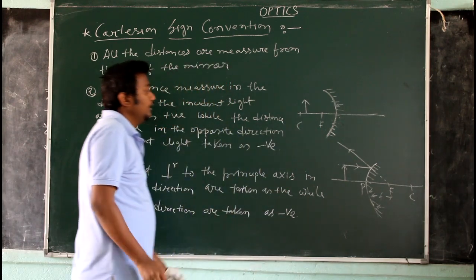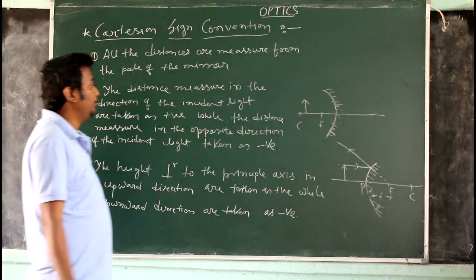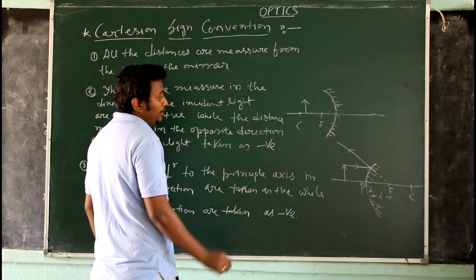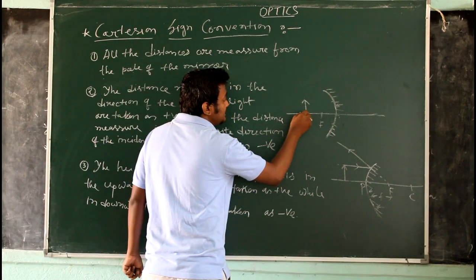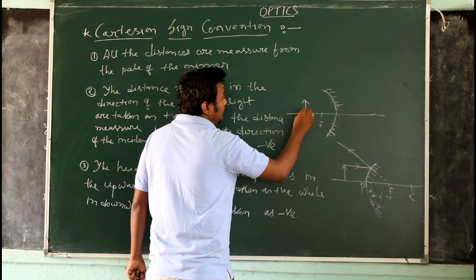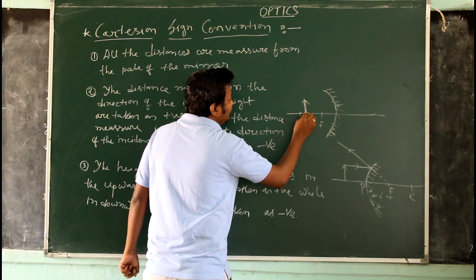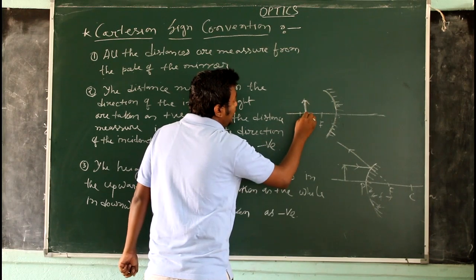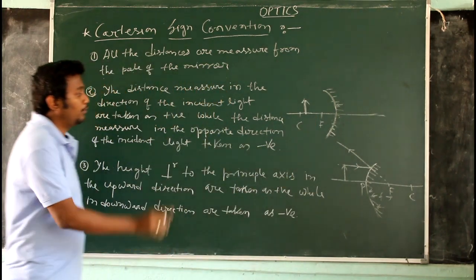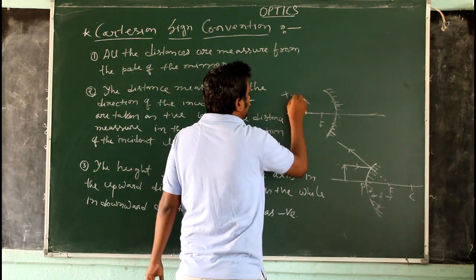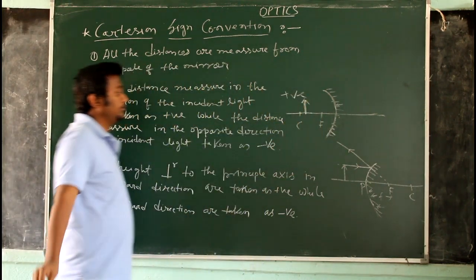To find the height of the object, we measure from the principal axis, in the upward direction. So this height will be positive.